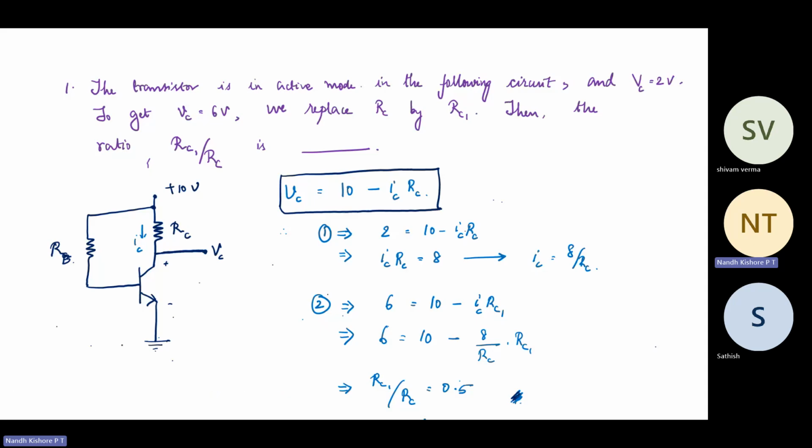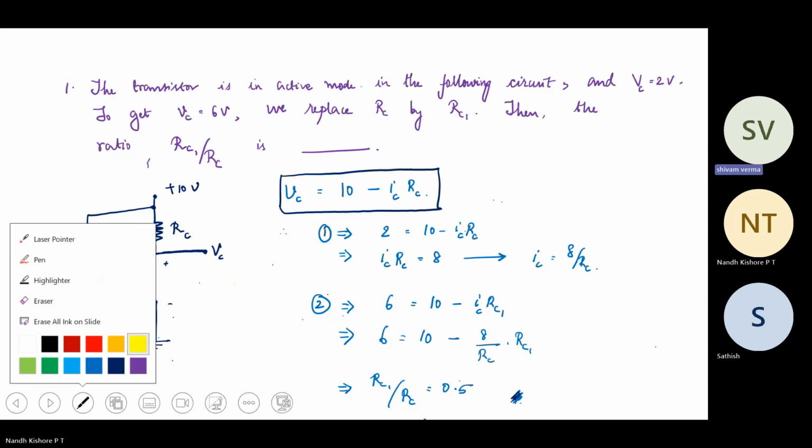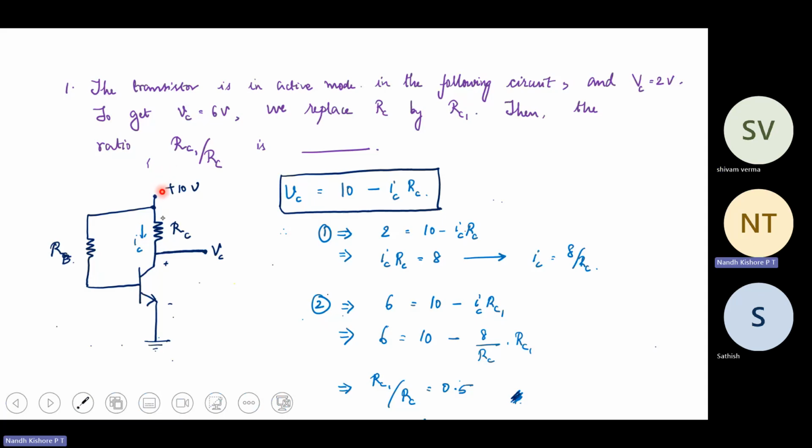You start from here and come down till this point. We have just written what is the potential difference. So 10 minus ICRC minus VC is equal to 0, or 10 minus ICRC is equal to VC.